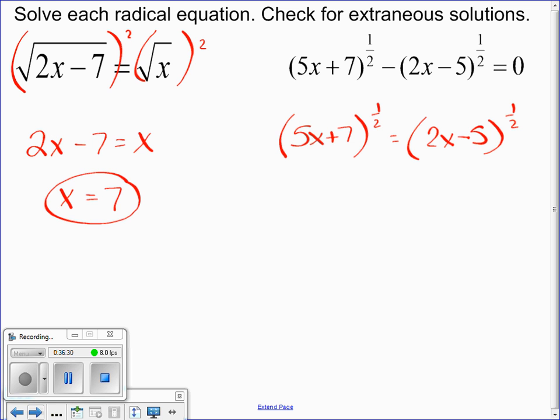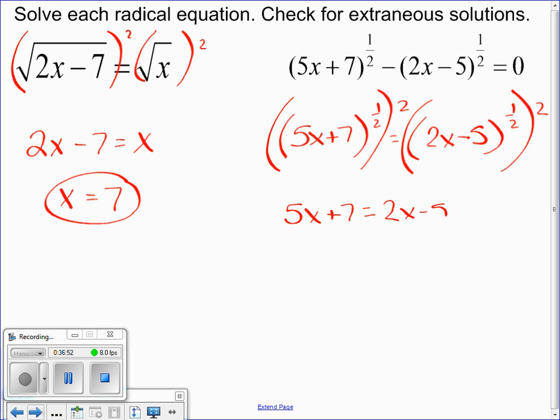What's the opposite of minusing this? Adding this. And then you can just square both sides. So we get 5x plus 7 equals 2x minus 5.